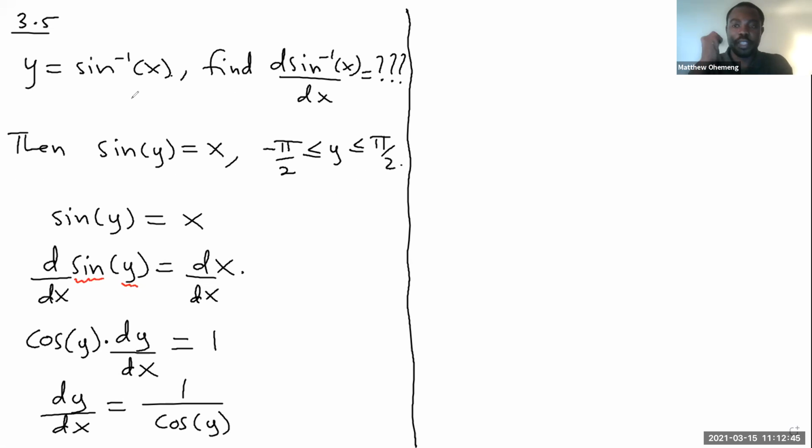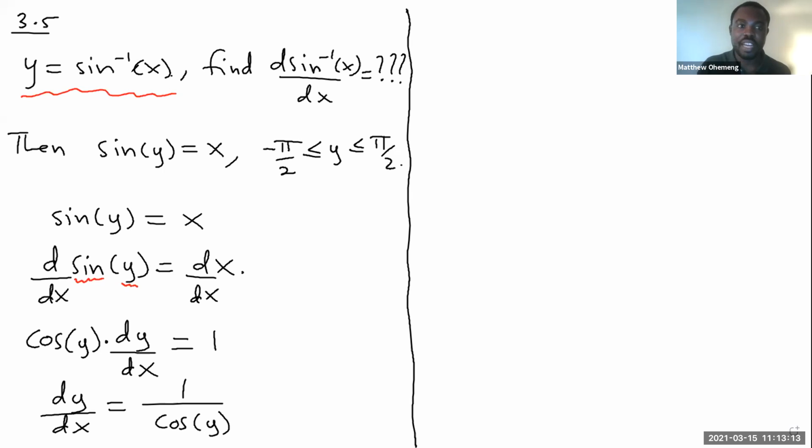When we're doing implicit differentiation, the reason we leave the y in the solution is that for implicit equations we could have something like the derivative of y equal to x over y, where the y was mixed in there with the x. But in this case, we can't leave it in terms of y, because we have an explicit solution for y. At the beginning, we have y equal to sine inverse of x.